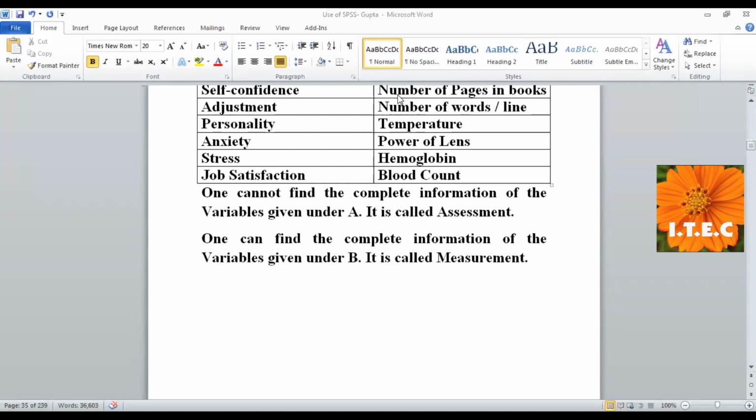Now, the meaning of evaluation is: evaluation is equal to measurement or assessment plus value judgment.